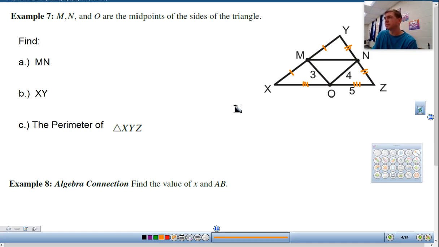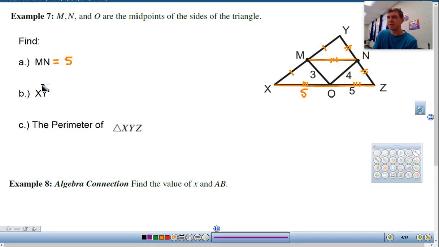We know MN is going to be half of that one. Well, if that's 5, this would be 5. Or in other words, we know these are congruent, as we just learned. So MN would have a measure of 5.